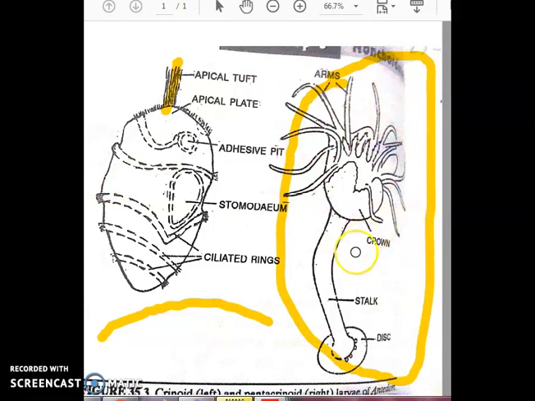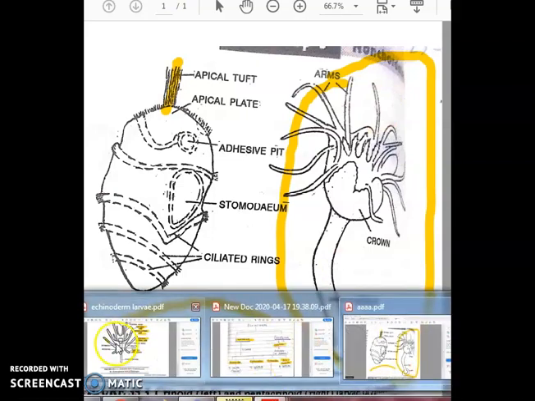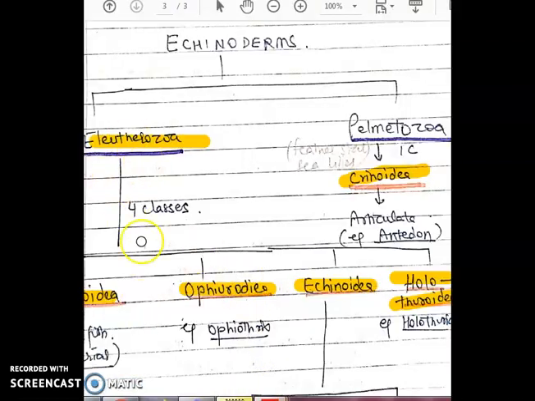So these are the different larvae that are found in the life history of echinoderms. Let us revise. The larvae found in the first class, Asteroidea, are 3 larvae: Dipleurula larva, Bipinnaria larva, and Brachiolaria larva. Then in Ophiuroidea, Ophiopluteus larva, or Pluteus larva, is found.